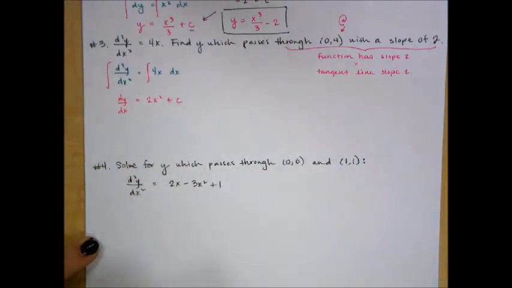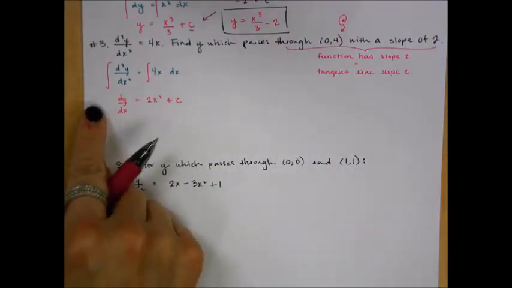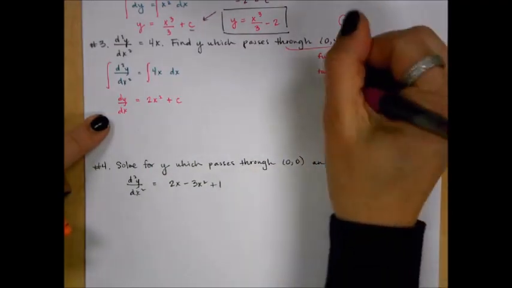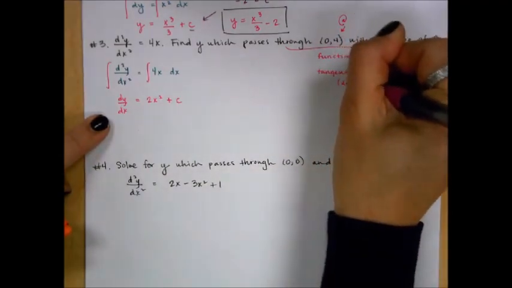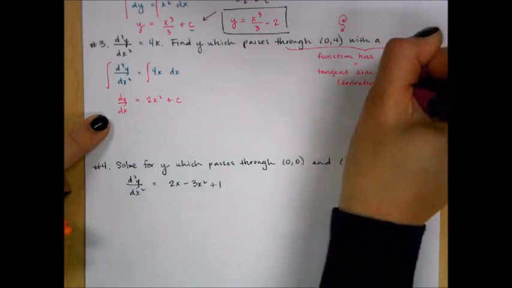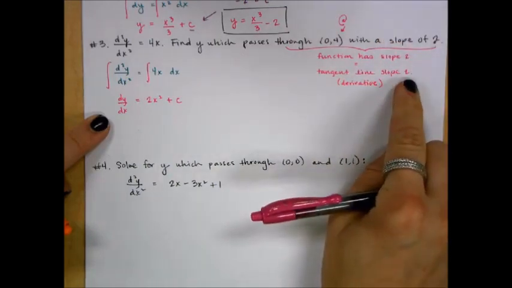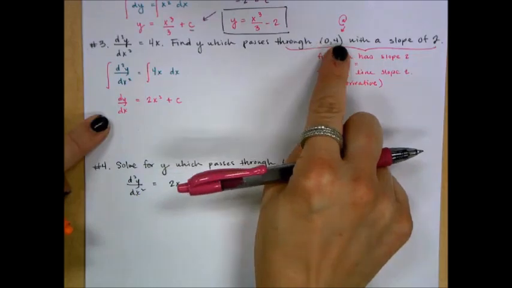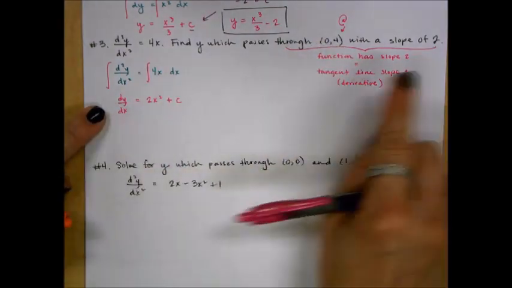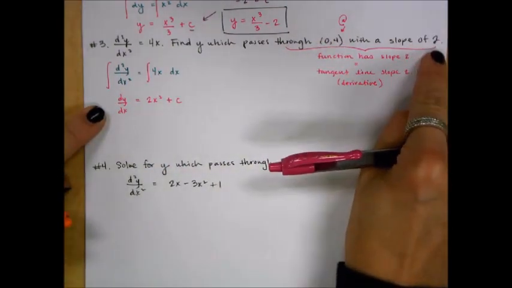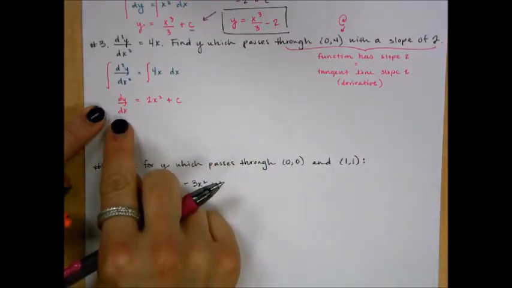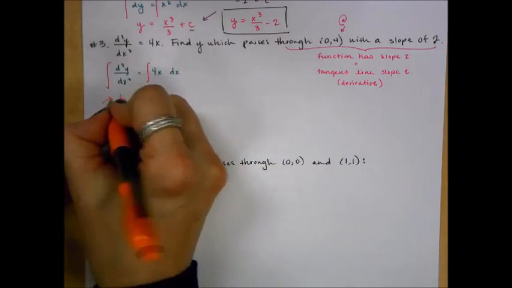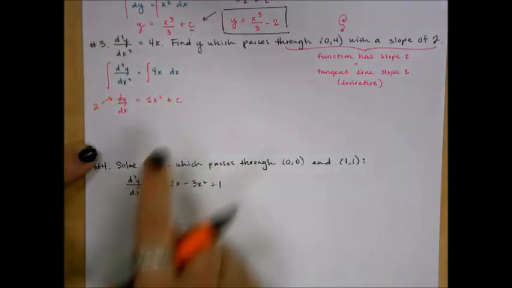So this is my derivative, my tangent line slope. This is my derivative, which is 2 at the point 0, 4, when x is 0 and y is 4. So I actually want to use the slope 2 for dy dx. And our x value at that time will be 0.